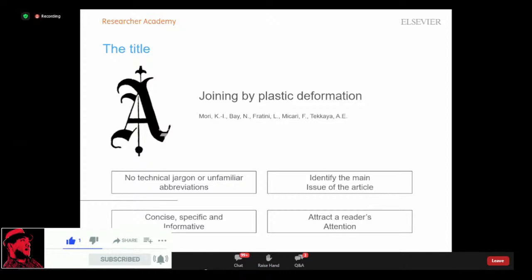And it should be appropriate for the audience. It's very important also, once again, for the initial readers, which are the editors and the possible reviewers. And I do know that editors and reviewers don't like titles that do not make a lot of sense or do not accurately represent the subject.